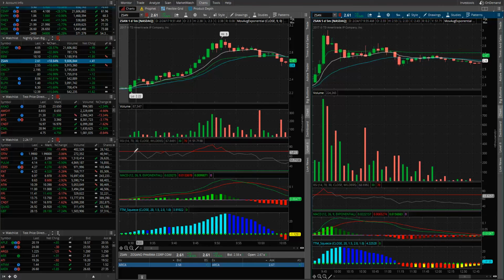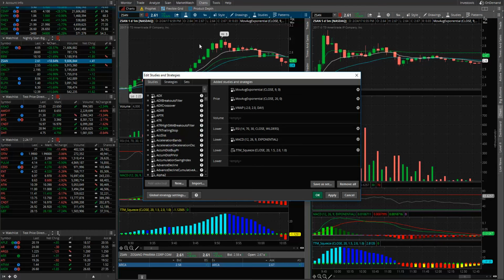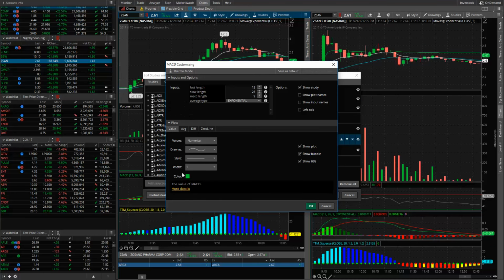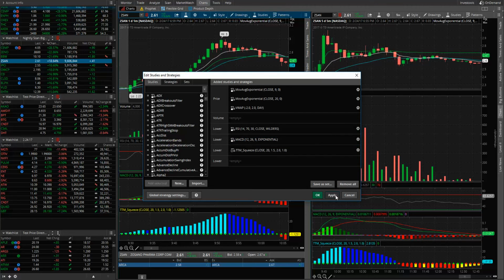Now, one of the things that would intrigue me immediately is this MACD line, and to me, this is the best indicator of all the indicators, in my opinion. When you see the green line, and the reason it's like this is because I configured it like this. Remember, we went into the study and into MACD and changed it, so we made the value green and the average red, and that's why you see it as such.